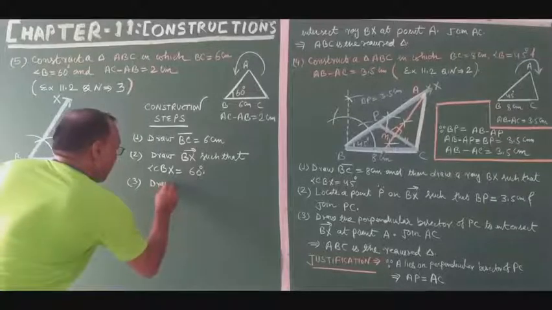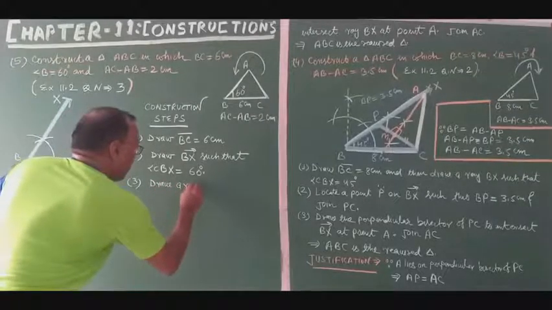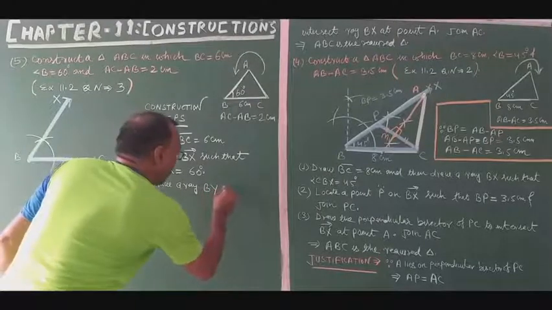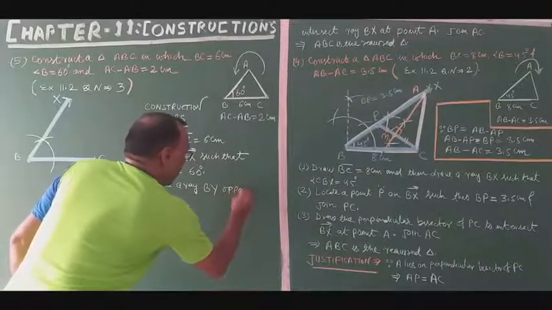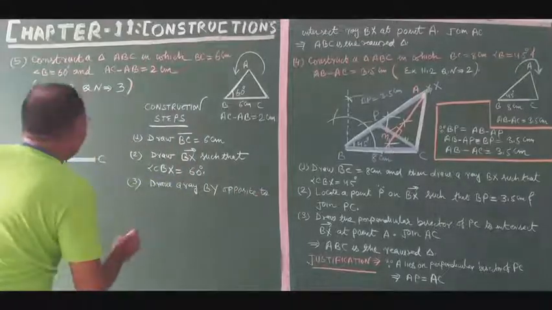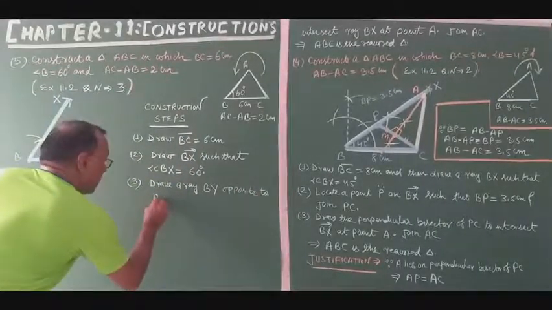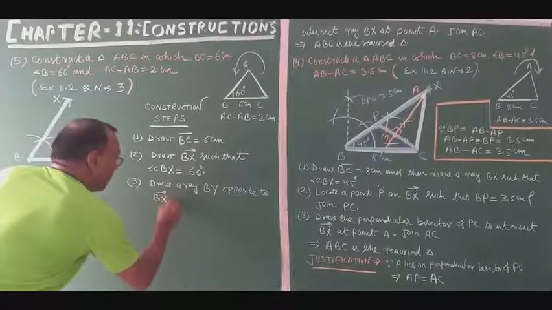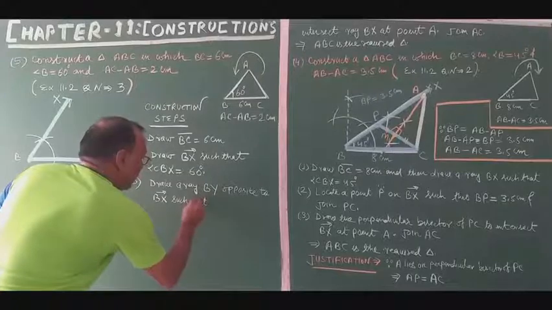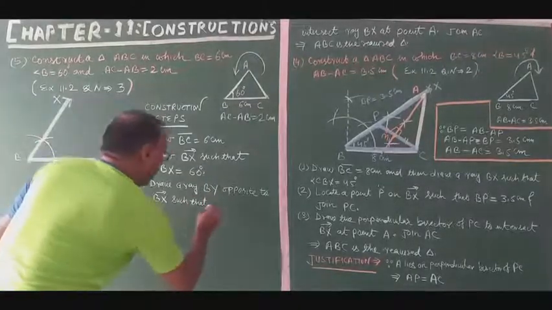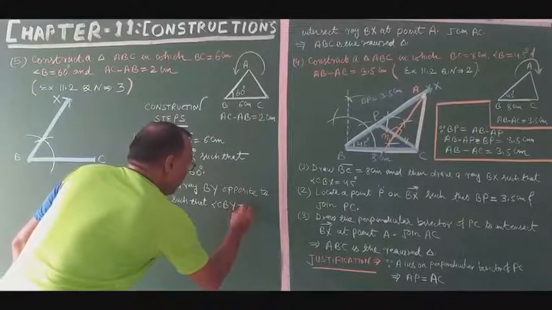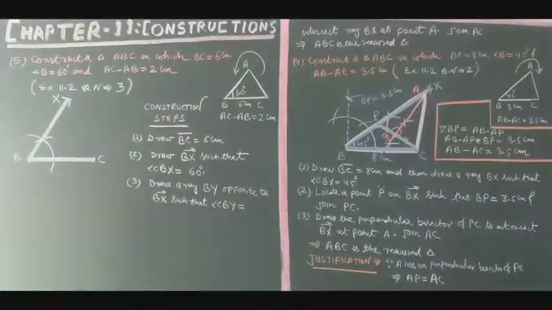Draw a ray BY opposite to ray BX such that angle CBY is equal to how much?